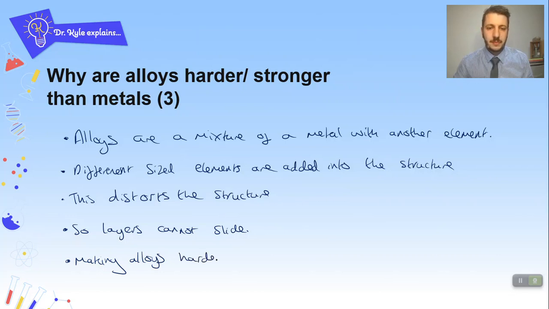Perfect. Harder, full stop. Okay, so I'd say the really important parts here are the different sized elements are added, distorts the structure, and the layers cannot slide. That is your key content there for why are alloys harder or stronger than metals.